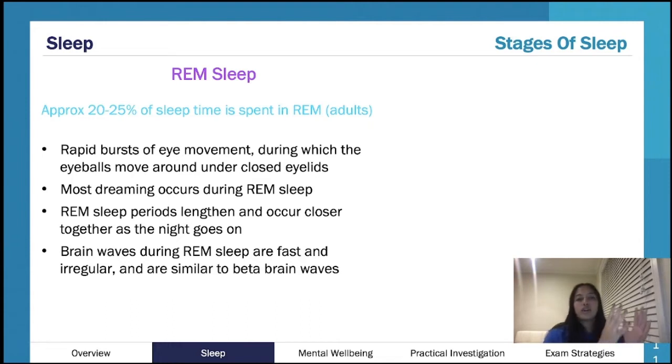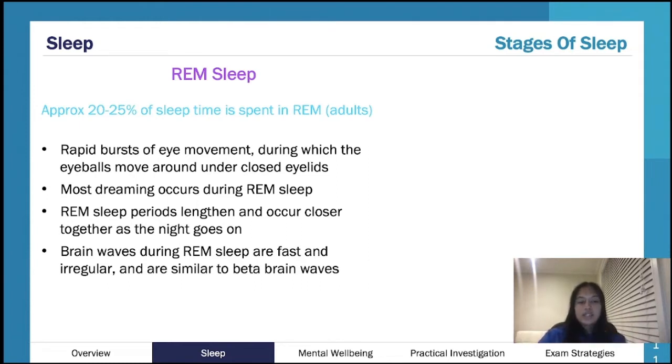At the start of the night, that little portion of REM sleep may only be a couple of minutes, really short. Then you go NREM and then REM, and it'll be a bit longer. And then NREM and then REM and then NREM and then REM. By the last period of REM sleep, towards the morning, it'll be a lot longer. So as you go through your sleep episode, your REM cycle gets a little bit longer each time.